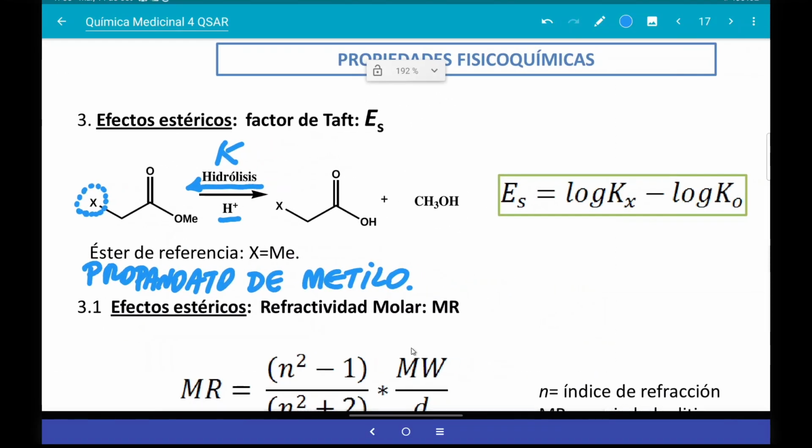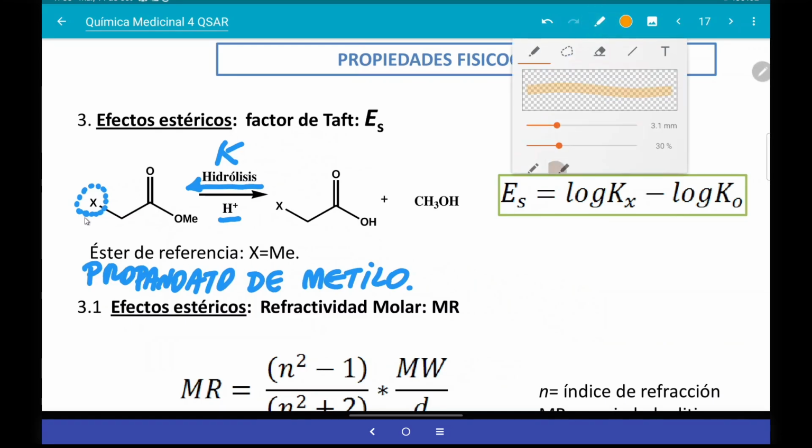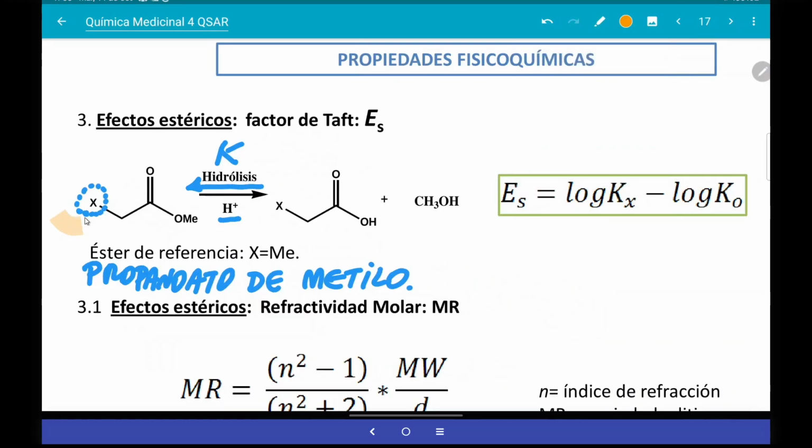The logarithm of the constant when the group of interest is present, minus the one when there is the methyl. What happens if the group X that I want to determine is greater? For example, I want to know the value of a benzene, and I put something big. With a benzene, will the hydrolysis be easier or more difficult?